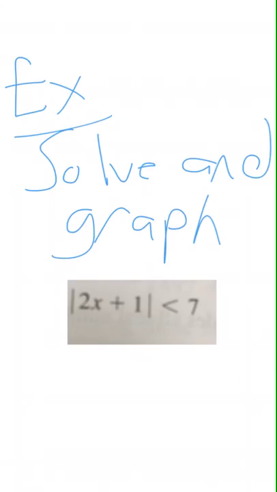So here's an example. I want you to solve and graph this absolute value inequality. The absolute value of 2x plus 1 is less than 7. Remember, we have to split it up into separate inequalities and solve each one separately. And since it's less than, you can write it as a compound inequality.